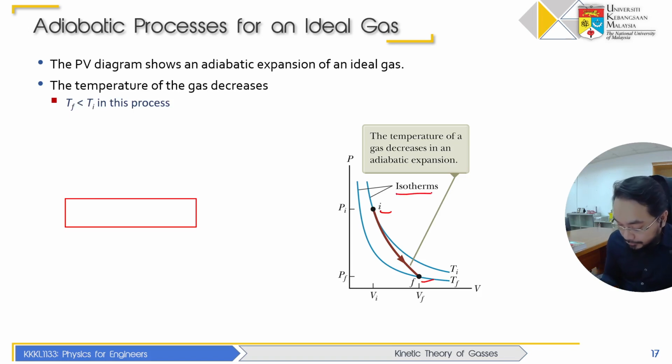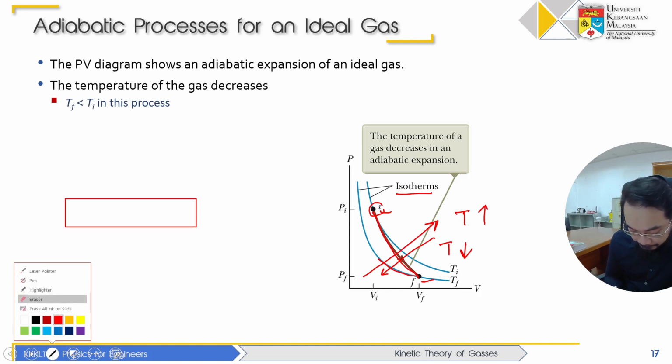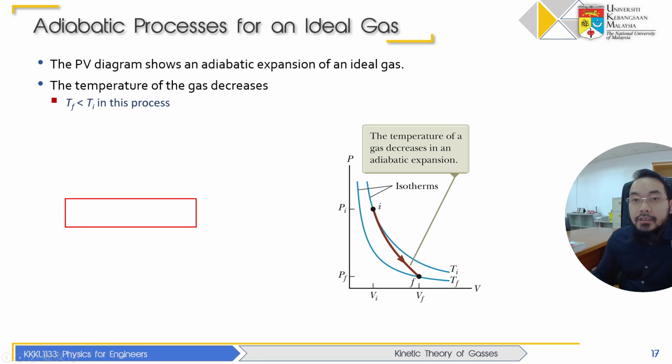For isotherms, you need to remember that moving away from the origin, the temperature is higher; moving closer towards the origin, the temperature is lower. Here we are moving from a higher temperature to a lower temperature because the isotherm of the final state is closer to the origin compared to the initial state. So in this process, Tf is smaller than Ti.